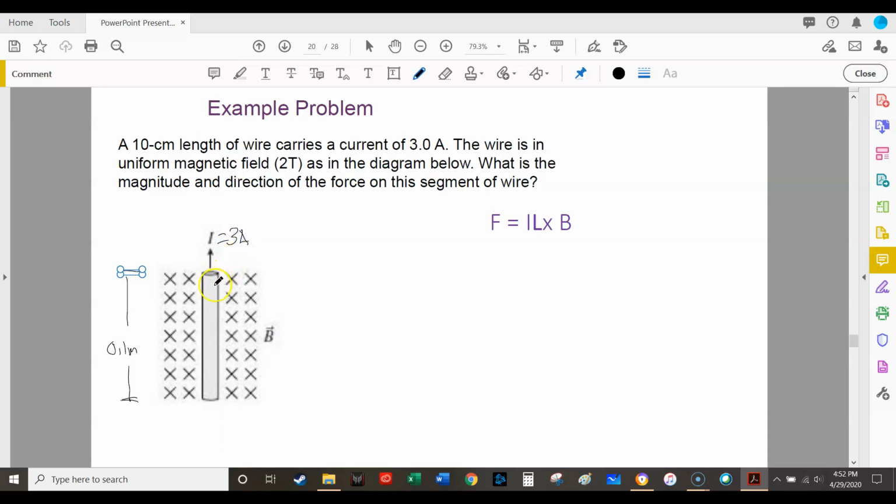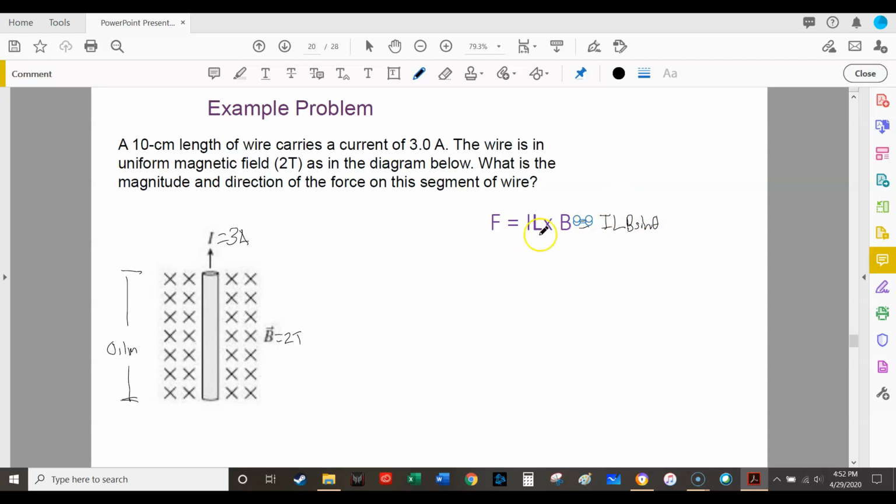And the wire is in a magnetic field that is 2 Tesla into the page. And so what you're supposed to do is figure out the direction and also magnitude of the force acting on this wire. All right. So here's the equation that we've done before. What we had learned before is IL cross B is ILB sine of theta.